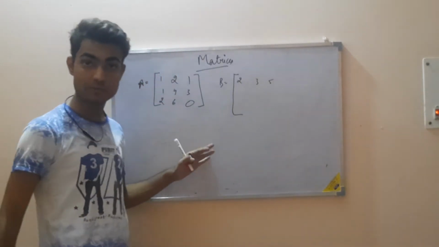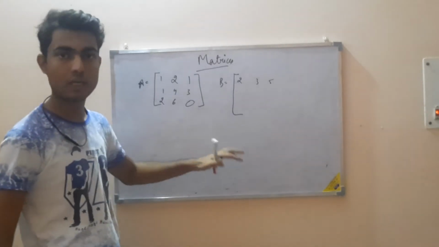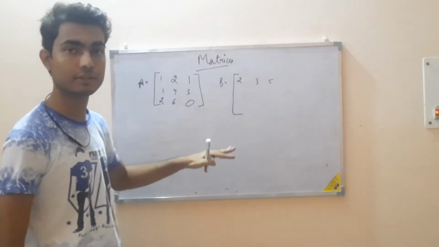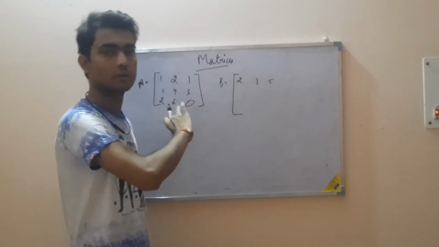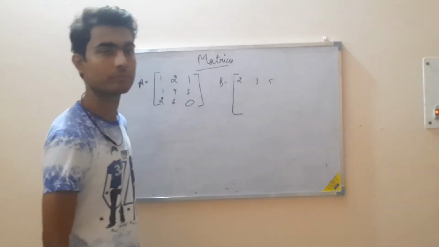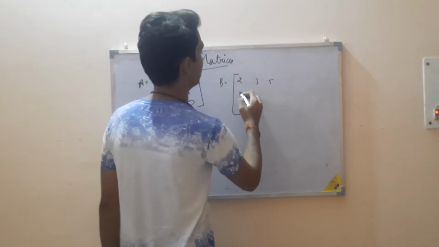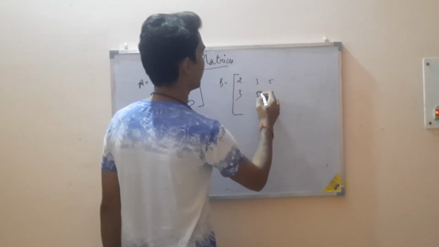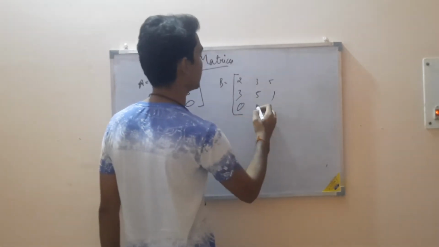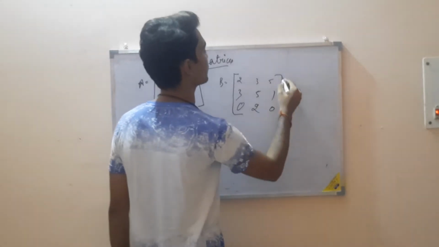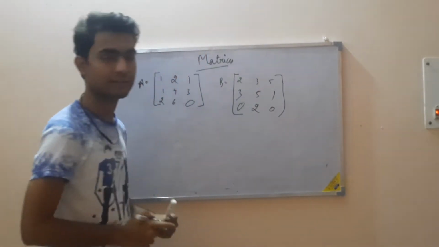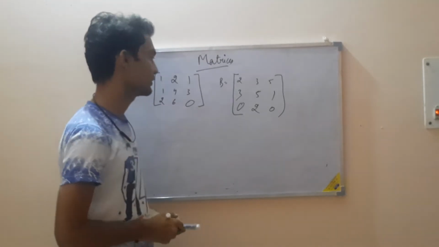I'm taking even values just for calculation. Actual values in a question can be anything. The process will remain the same, how to approach the solution. Keep the same entries to be 0 for easy calculations.